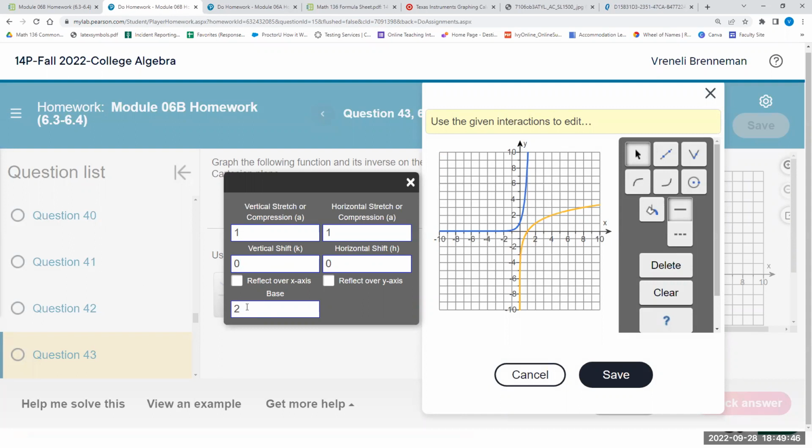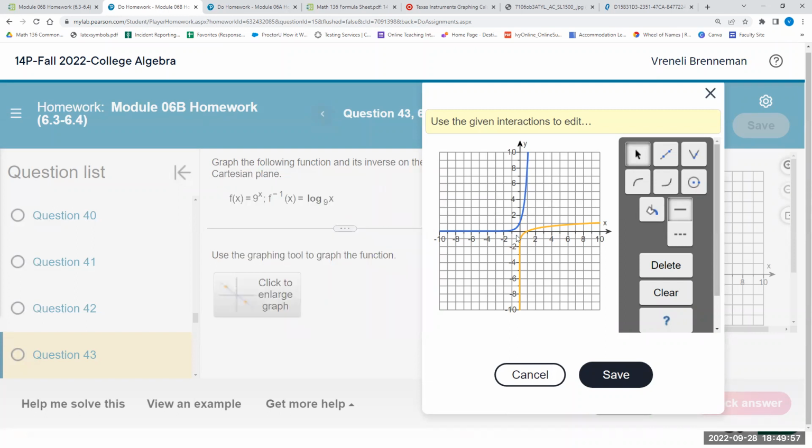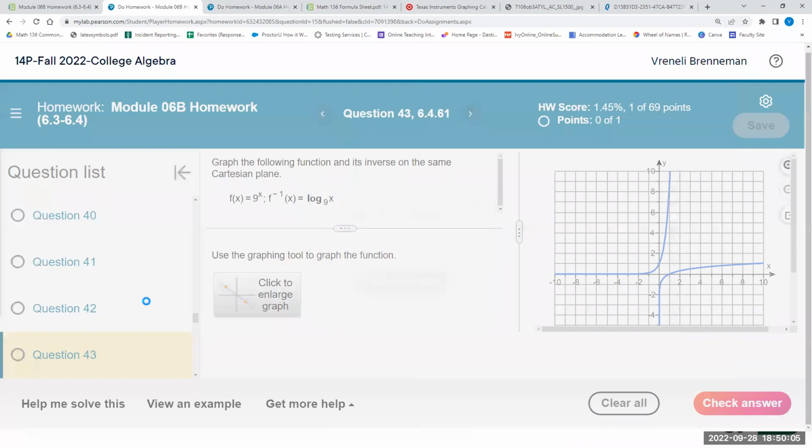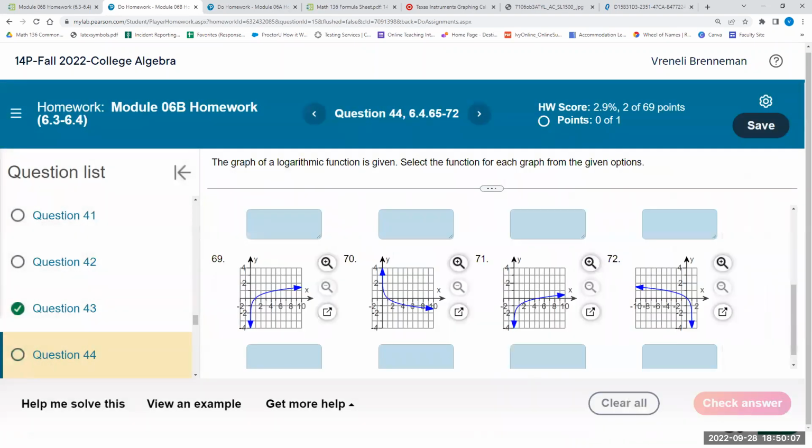The larger the base, the more quickly the graph gets flatter and the sharper the curve where it bends. You can see those two graphs have that reflection over the line y equals x, even though that line isn't drawn. But that's that one.